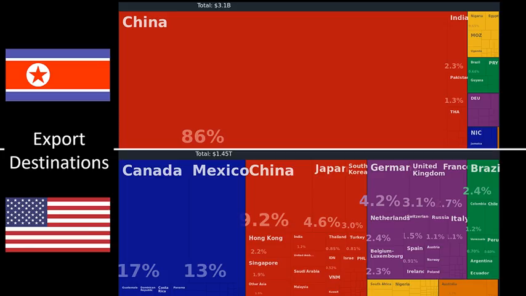And of course, compared to our good friend North Korea, you can see how they completely over-rely on China for their exports. And so what they're doing is they're cranking out a lot of those coal briquettes, those cheap metals, all that stuff that I mentioned beforehand is essentially being exported to China, where they're then going to manufacture that into irons, into socks, into all those various things I've mentioned.